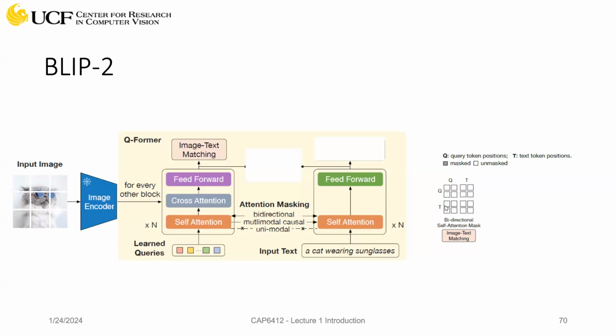Similarly, each of the text tokens will be attended by all the query tokens and text tokens. So it's all bidirectional attention. Okay, that's for image-text matching.